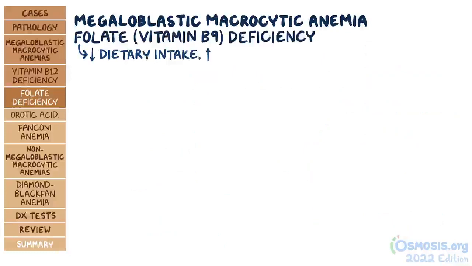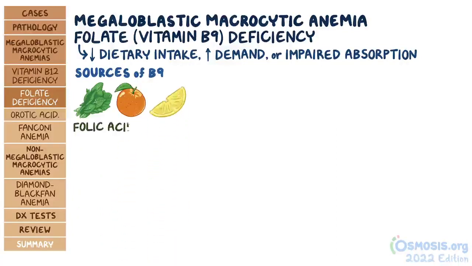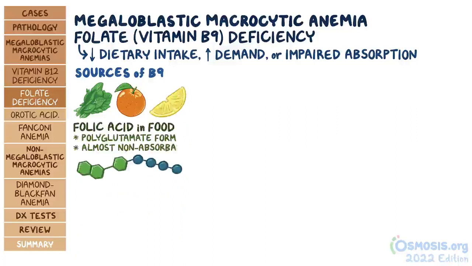Okay, moving on to folate or vitamin B9 deficiency, which can be caused by decreased dietary intake, increased demand, or impaired absorption. Main sources of vitamin B9 include leafy greens and citrus fruits like oranges and lemons. Now, folic acid present in these foods is generally in the polyglutamate form, which is almost non-absorbable.